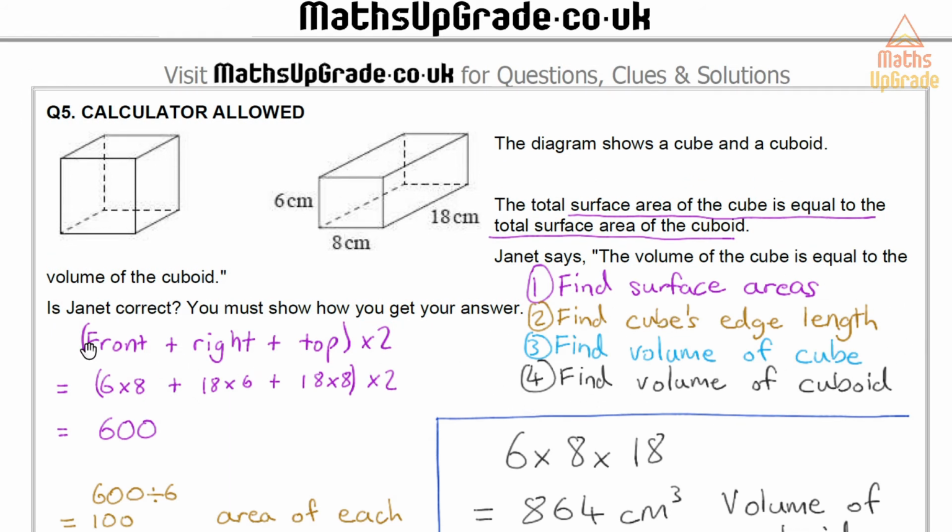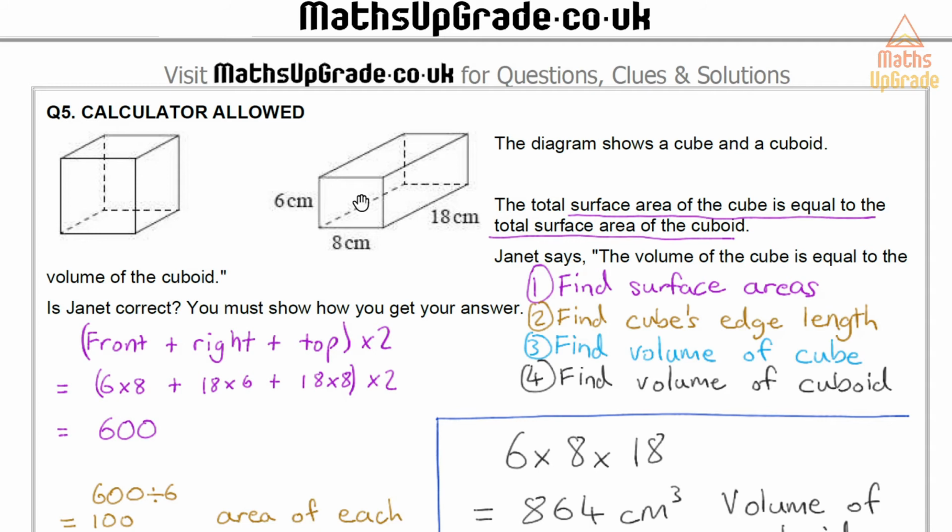Step 1, to find the surface areas. Well, the surface area of this cuboid is quite simply the area of the front and the area of the right hand face and the area of the top face, add those together and times by 2, since these are just the visible faces and there are obviously identical hidden faces behind.